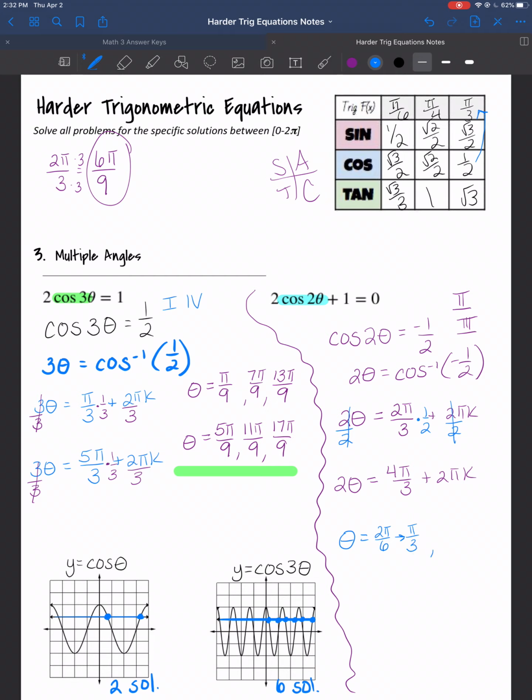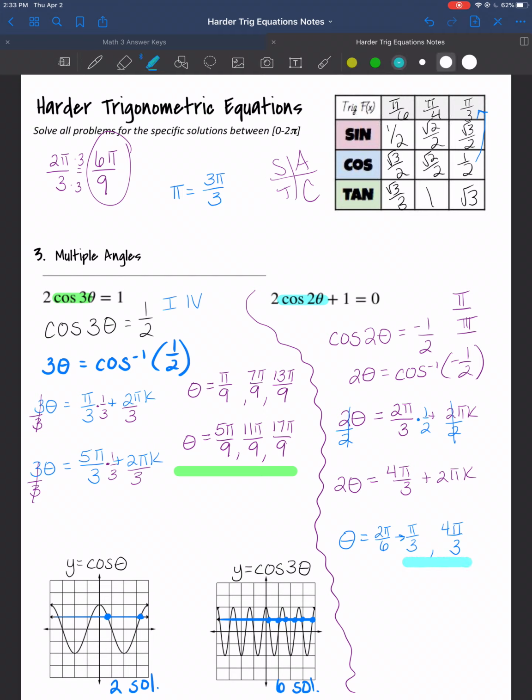Second answer you're going to get by adding pi to that. Pi with a common denominator of 3 would be 3 pi over 3. So if I add 3 pi over 3 to that, then I get 4 pi over 3. So pi over 3, 4 pi over 3.